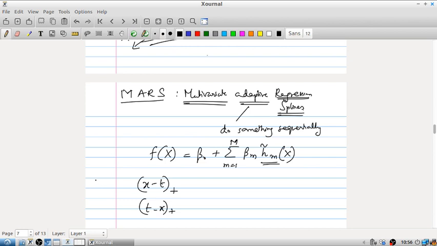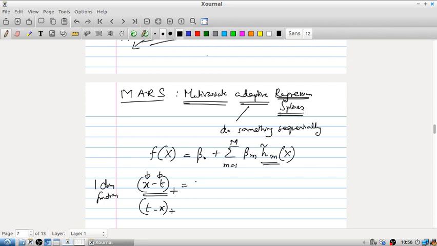Think of a one-dimensional input and one-dimensional output. It looks very weird, so I'm just going to draw it because it's a one-dimensional thing. t is a parameter of this function, and x is the variable.